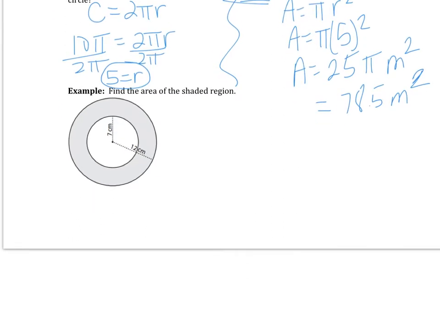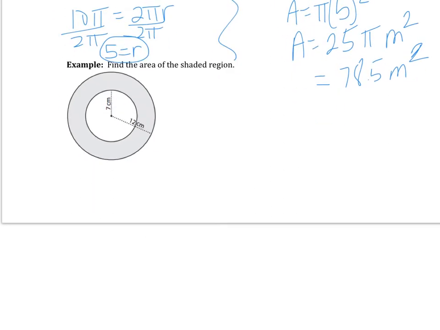And then my last example here gives us a little bit more. Actually, my last example just on this page. Find the area of the shaded region. I see that I have 2 circles, so I'm going to find the area of the big circle. And that's going to be pi times my radius of my big circle, which is 12 squared. And we're going to find the area of my little circle.